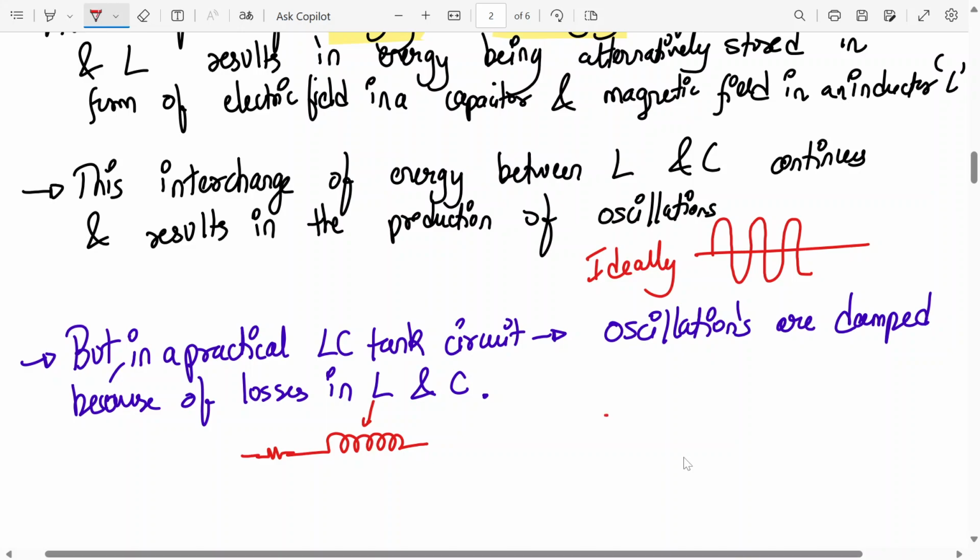So practically, how do the oscillations look? Damped oscillations like this. They slowly die out depending upon how small or high the value of this resistance is.